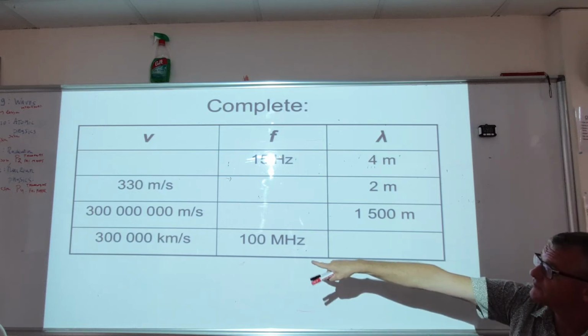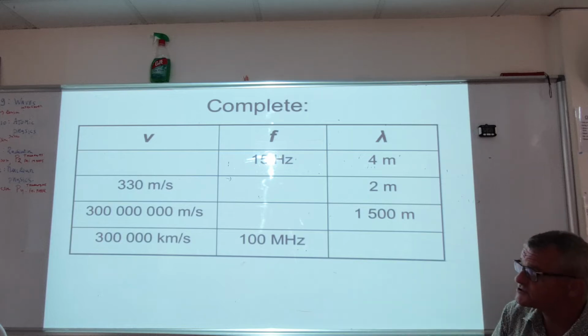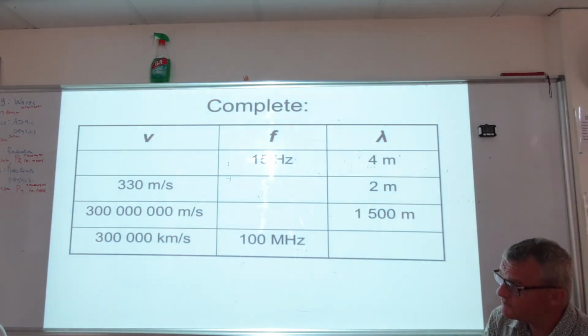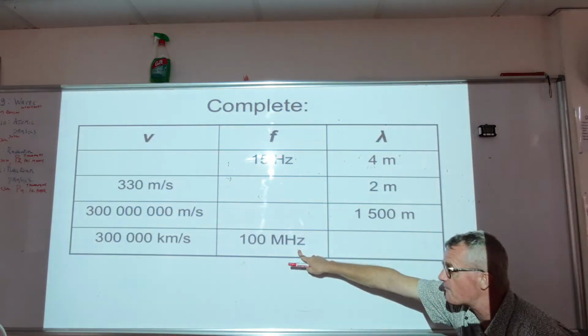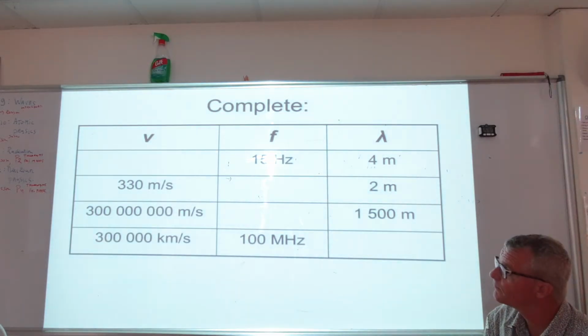Make note that here, in the last one, we have kilometers per second, so you have to write it down in meters per second. Here we have megahertz, and for megahertz, 1 mega is 1 million. Pause it.